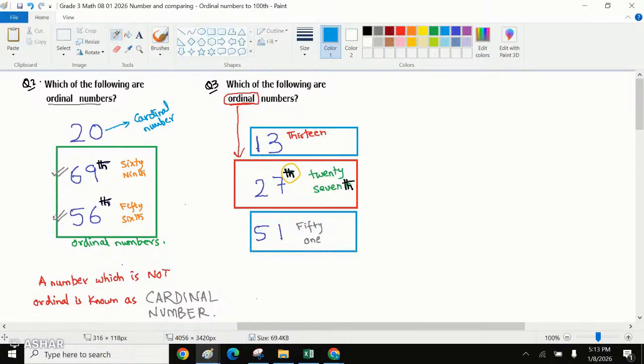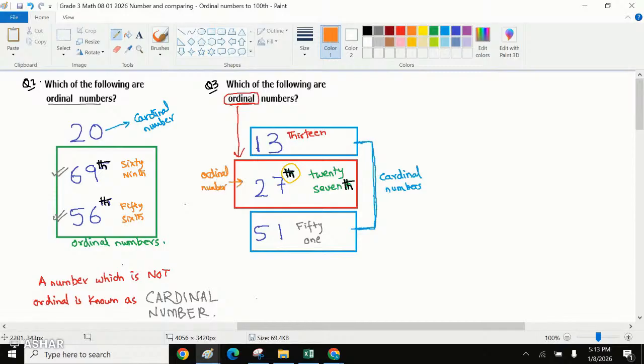These two numbers are not ordinal, because they do not have th or st. The numbers which are not ordinal are known as cardinal numbers. So this number and this number are cardinal numbers, and the middle number, 27th, is the ordinal number.